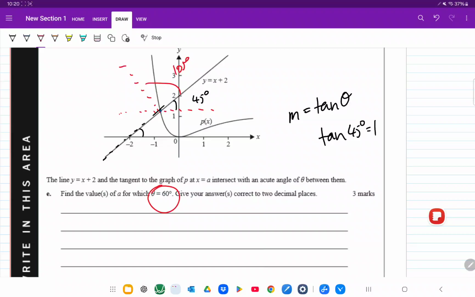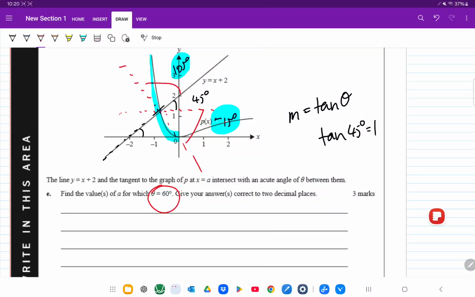Or going the other way, if I subtract 60 from this, I get negative 15 degrees. So really, at this point, I'm trying to evaluate two things: the tangent for P at two particular angles, 105 and negative 15 degrees.